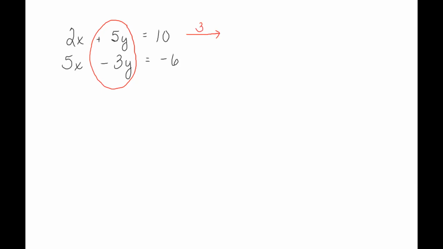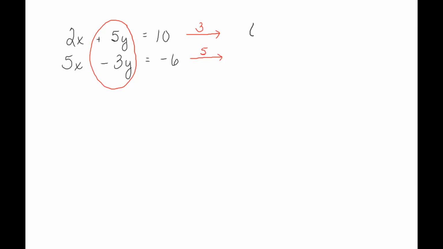And in order to get to 15 in the second equation, 3 times 5 would get me 15. So I'm going to multiply the top equation by 3, the bottom one by 5. A quick note: if I didn't have that minus sign there, I would multiply by a negative number so that I could change the signs everywhere. Let's see what we get when we do this.